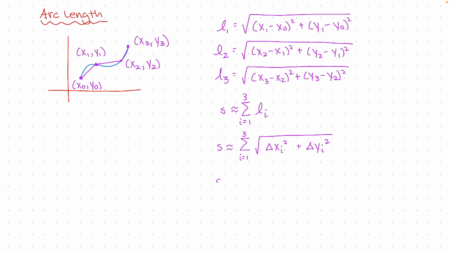Because now we can say that the arc length is actually equal to, if I can break this up into an infinite number of line segments, the limit as n approaches infinity of the summation as i goes from 1 to n. And I'm also going to start playing around with the argument for this summation a little bit. First, I'm going to factor out a delta x sub i squared.